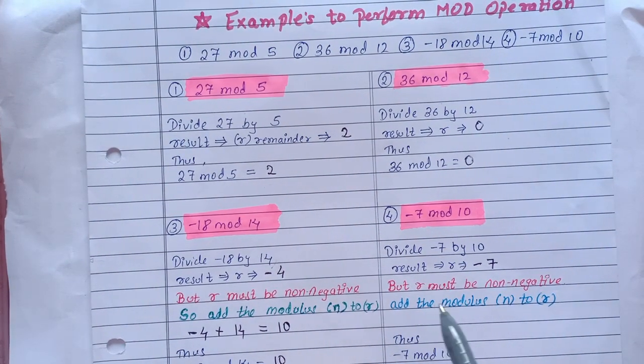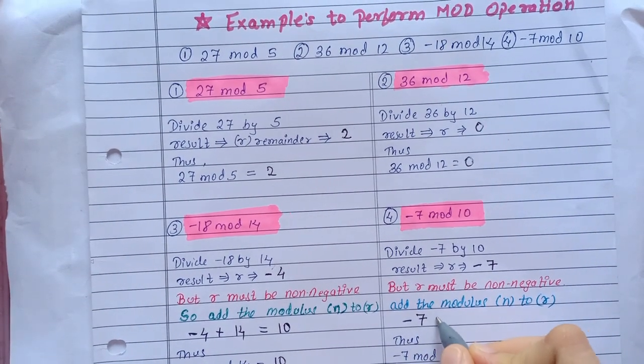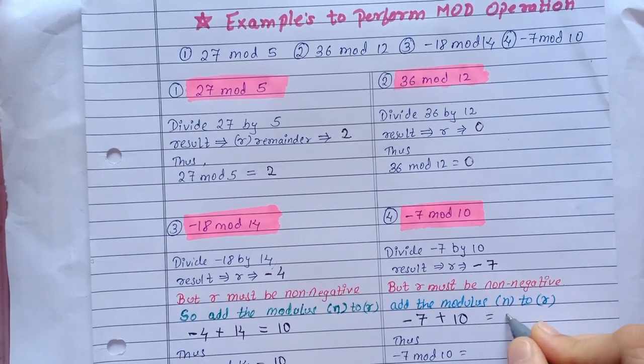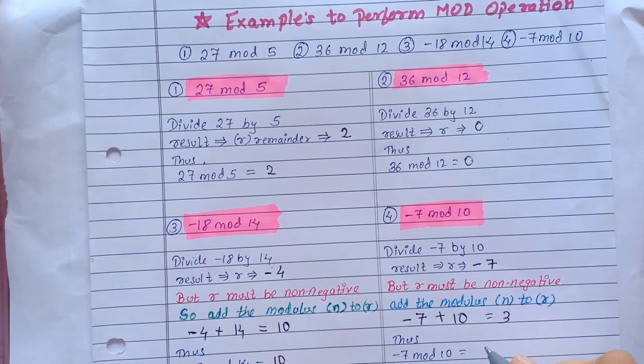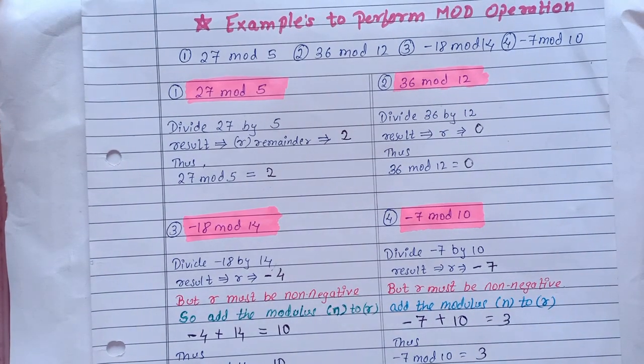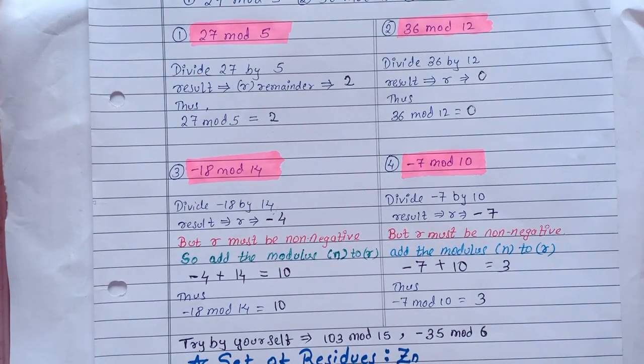But the remainder must be non-negative, so we add minus 7 with this term, so we get 3. Minus 7 mod 10 is 3. I'll give you 2 examples. Try solving by yourself: 103 mod 15 and minus 35 mod 6. I will tell you the answers in my next video.